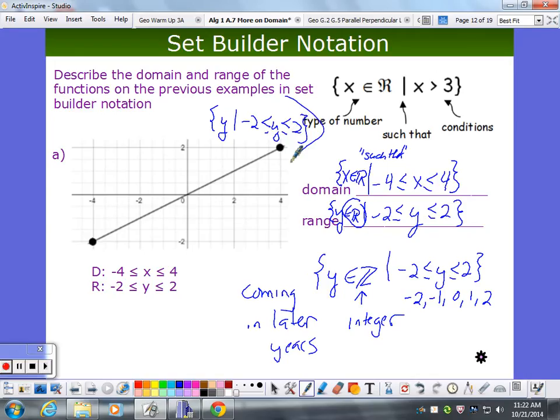So this and this describe the same set of numbers. Y is an element of the reals such that, this also says y is a real number such that. If you don't say it's an integer or something else, it assumes a real number.